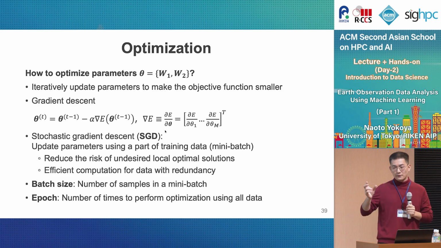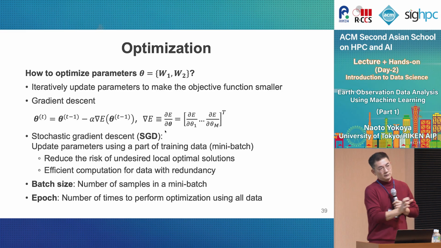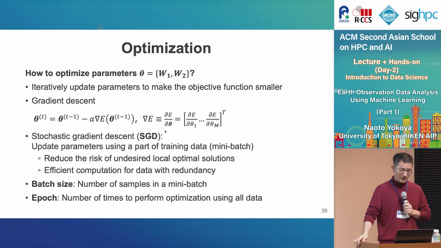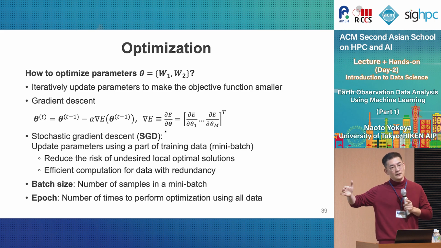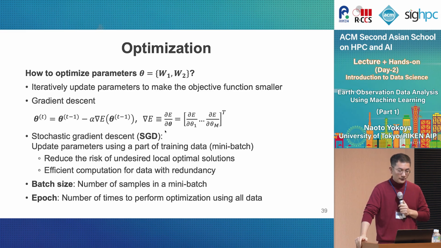But we can also split the 1,000 into small sets, and if each small set contains 10 samples, it means we split the entire training data into 100 batches, right? This kind of mini batch is very common to reduce the risk of an undesired local optimum solution, as well as dealing with some data redundancy.